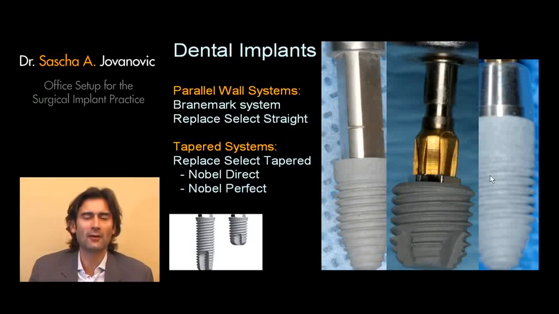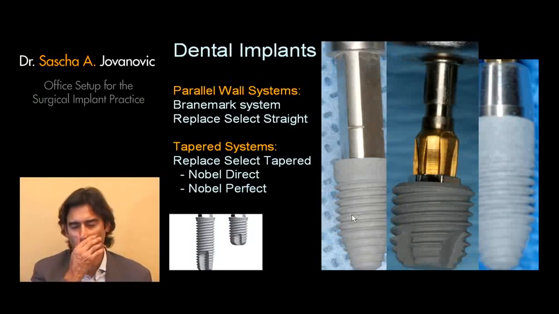So you have to play around. Now, if you have to choose one implant, I probably would go with the tapered, and that's what I would recommend, the Replace Select Tapered, as you can see here on the left-hand side, which very well fits into regular jawbone and is very well able to be placed in extraction sockets.